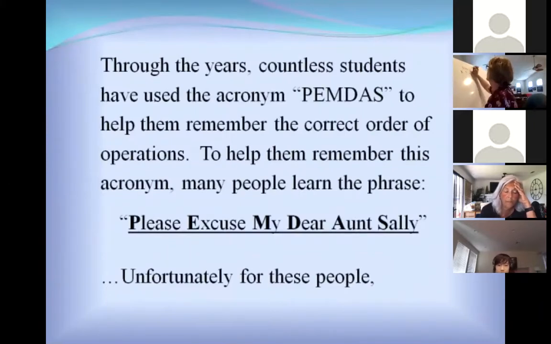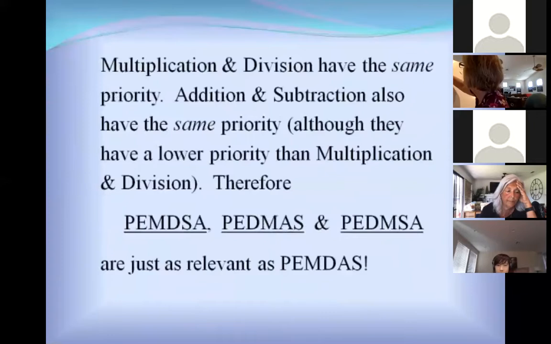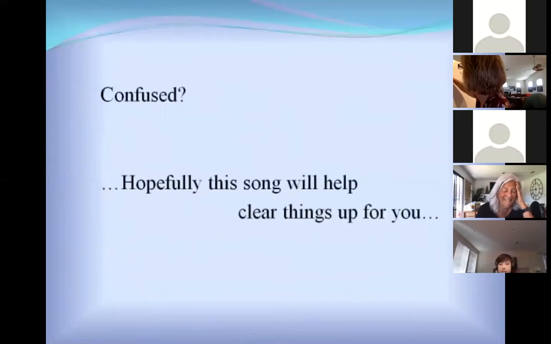To help them remember this acronym, many people learn the phrase, "Please excuse my dear Aunt Sally." Unfortunately, for these people, multiplication and division have the same priority. Addition and subtraction also have the same priority, although they have a lower priority than multiplication and division. Therefore, PEMDAS, PEDMAS, and PEDMSA are just as relevant as PEMDAS. Confused? Hopefully this song will help clear things up for you.